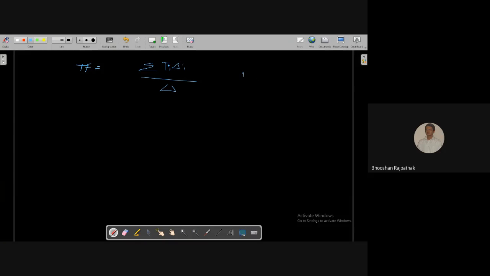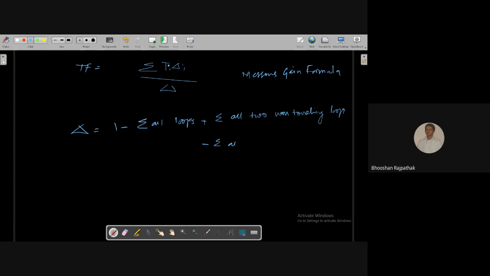This is called Mason's gain formula, where delta is calculated as 1 minus summation of all loops plus summation of all two non-touching loops minus summation of all three non-touching loops, and so on. That means next will be plus summation of all four non-touching loops.